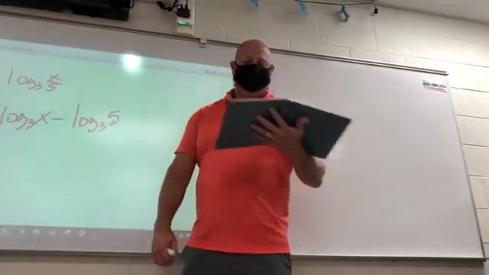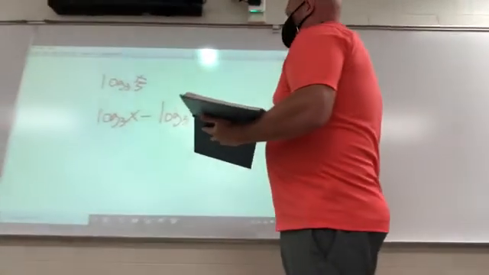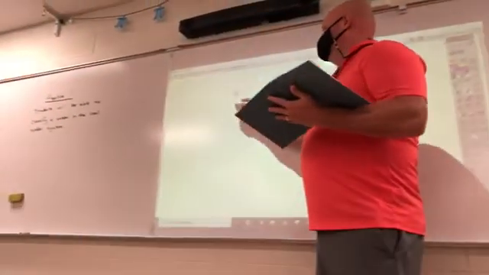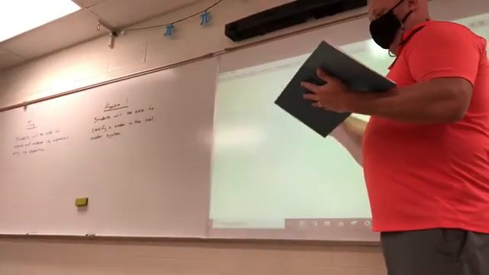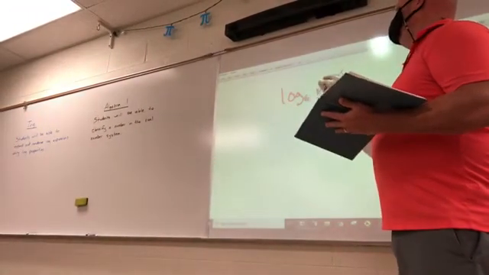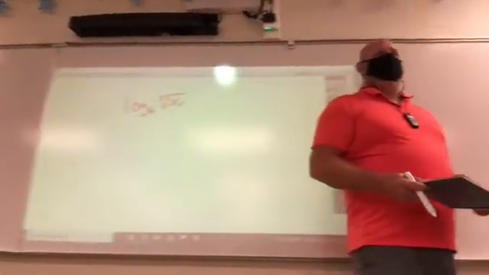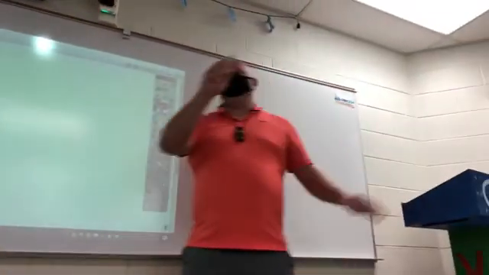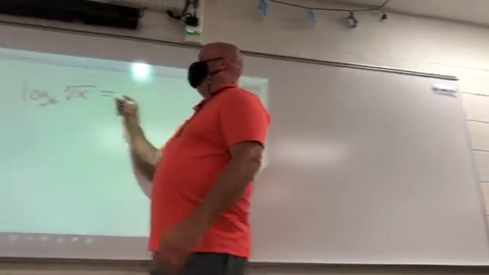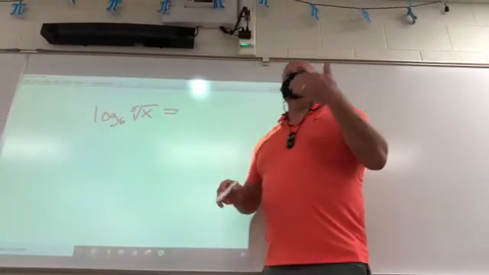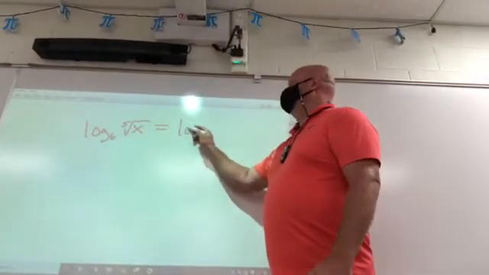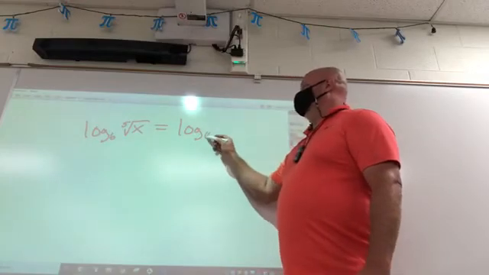How would you do a question like number 11 that says log base 6 of the 5th root of x? Remember, the 5th root is nothing more than an exponent.